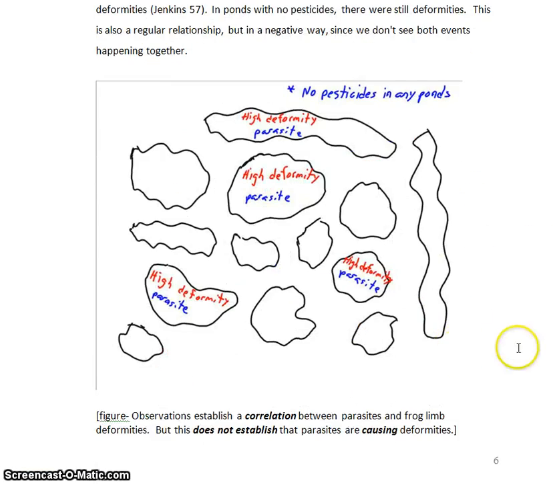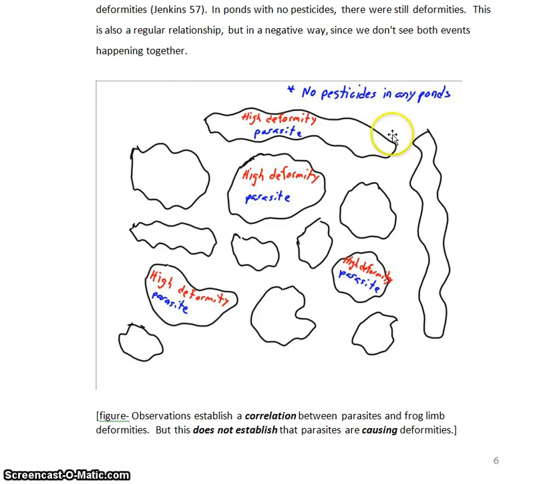Now, other researchers began to do some field studies. And in one region, there were several different ponds. And what they did was they just recorded the frequency of frog deformities in different ponds in the area, and also looked at the presence of parasites in those same ponds. They also recorded whether there were any pesticides in the pond water as well.